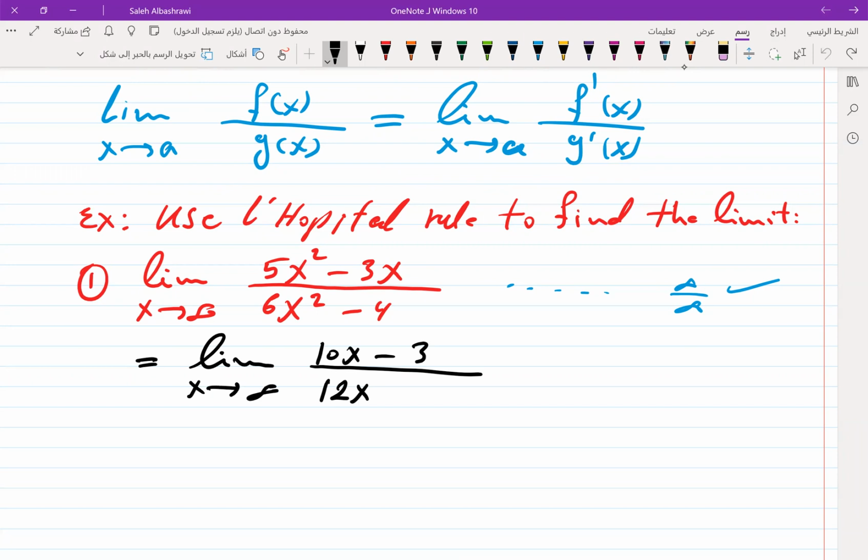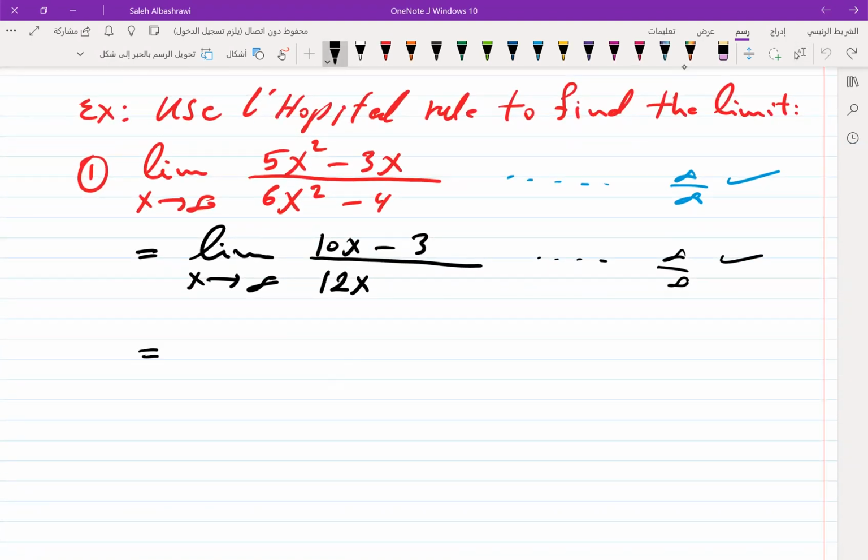Now again, if we replace x by infinity, the numerator will go to infinity and the denominator also will go to infinity. So again, this is infinity over infinity, which means that we can apply the L'Hopital rule for the second time.